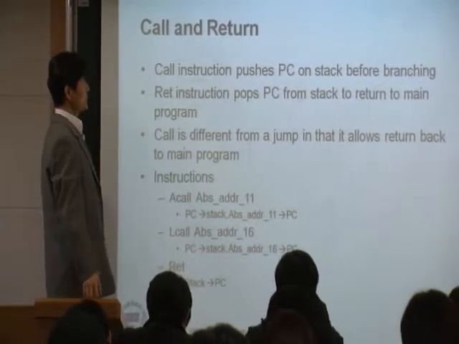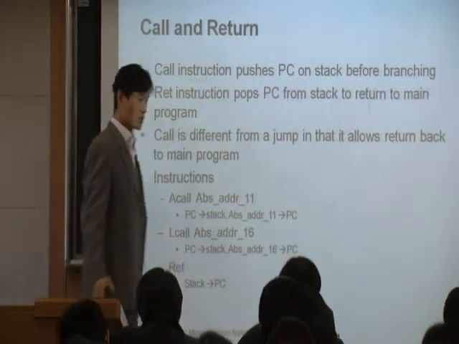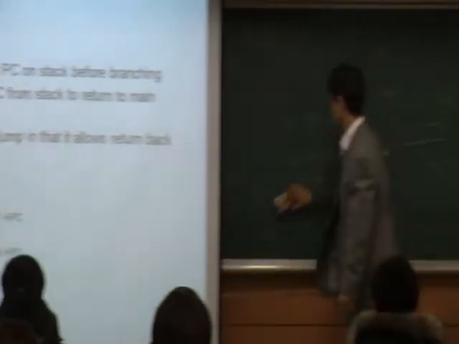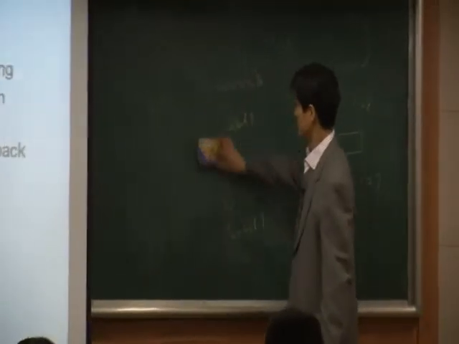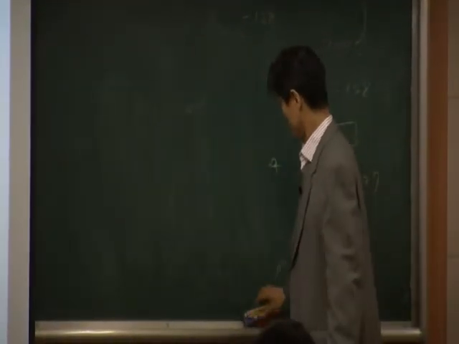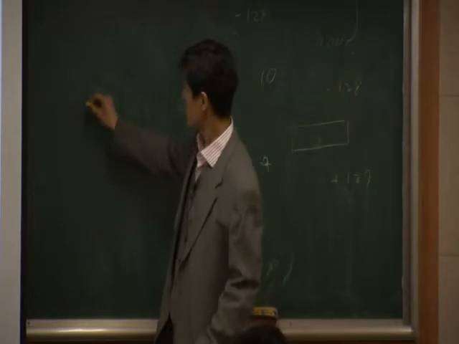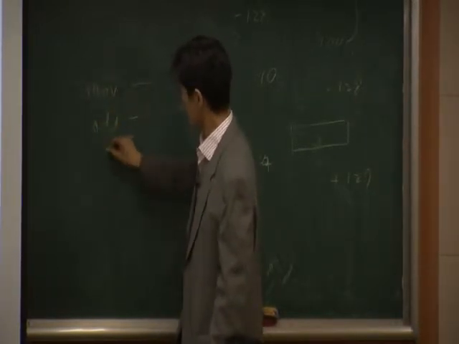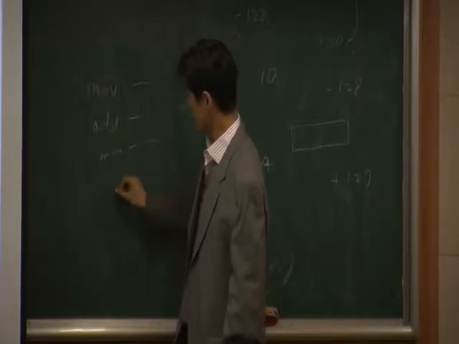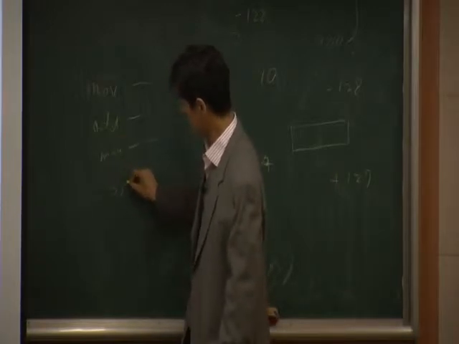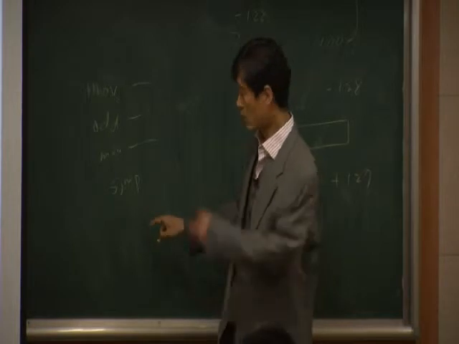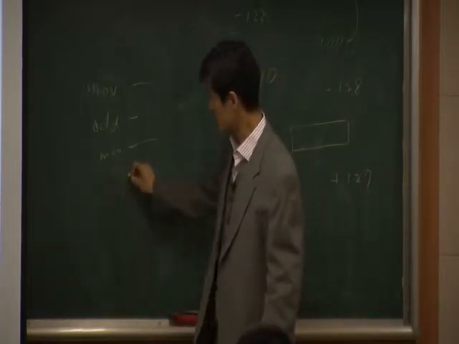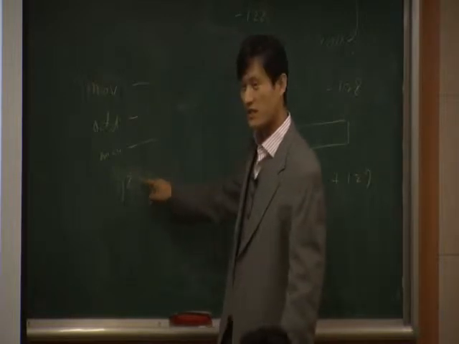Let's look at the call and return. So far, in jump instruction, what we have so far is that you have some instruction like this, right? You have add, move, whatever instruction you have, and suddenly you have short jump, or maybe long jump, or sometimes you may have a conditional jump, like a JZ, something like this, right?